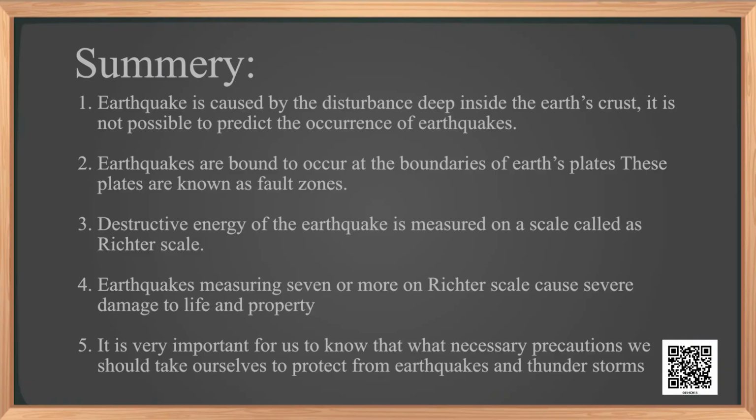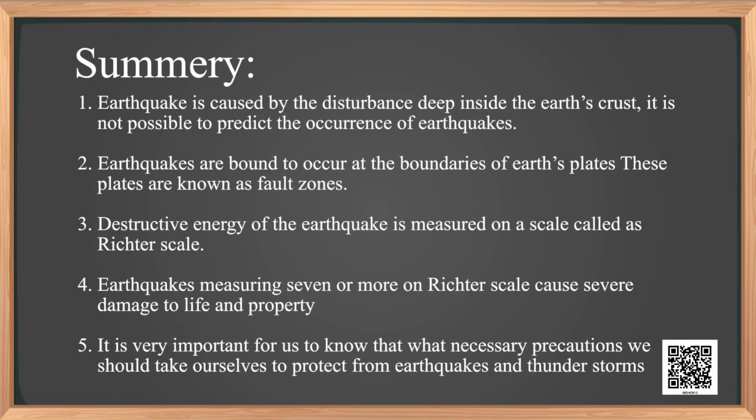And about earthquakes, we learned that an earthquake is caused by a disturbance deep inside the earth's crust. It is not possible to predict the occurrence of earthquakes. Earthquakes tend to occur at the boundaries of earth plates.